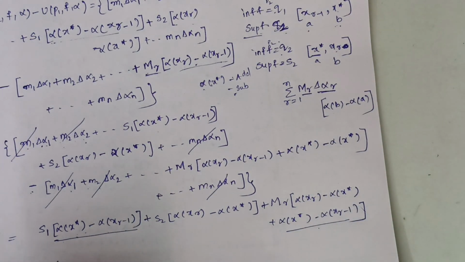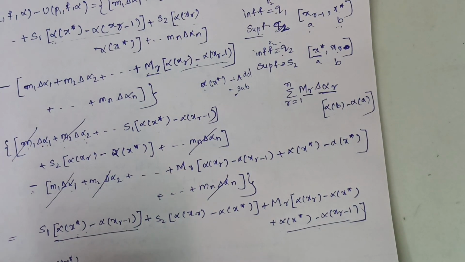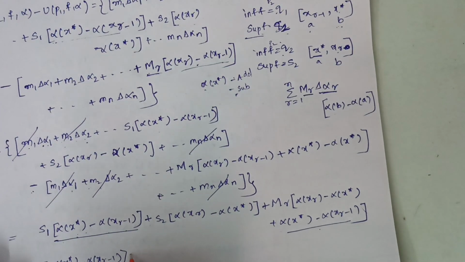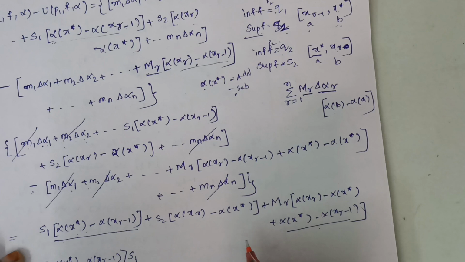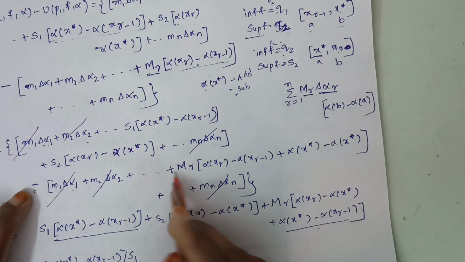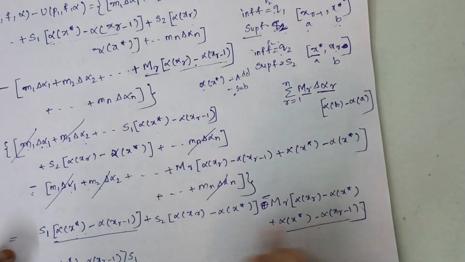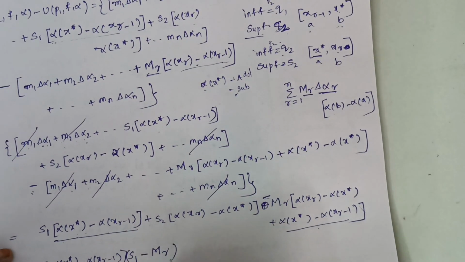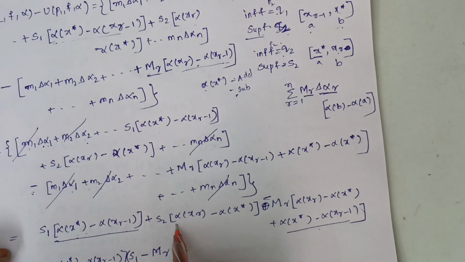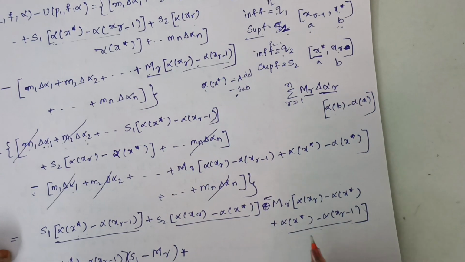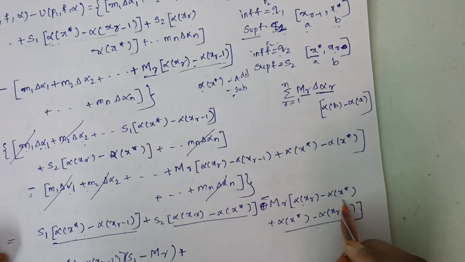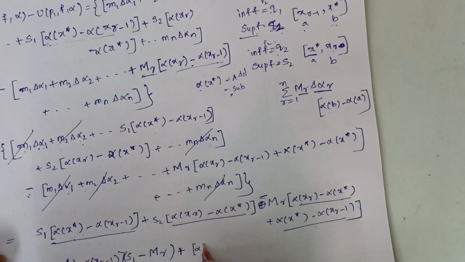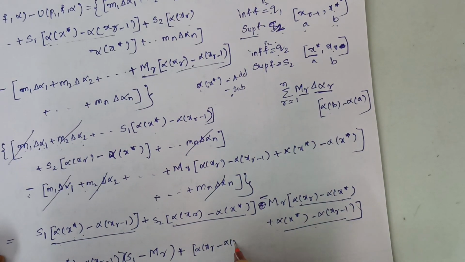So I get alpha x star minus alpha x r minus 1 into s1 minus capital mr, since minus into plus is minus, and in the same way alpha x r minus alpha x star, alpha x r minus alpha x star, I can take common, which is alpha x r minus alpha x star.